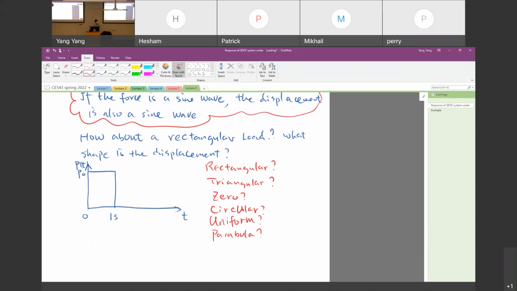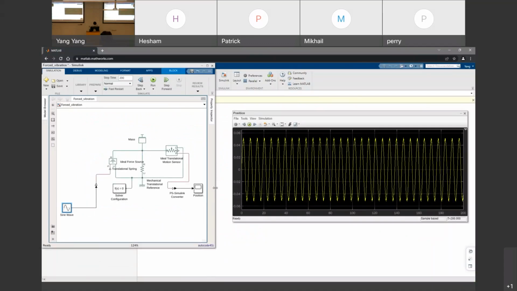The list is getting longer and longer. Any additional input? If not, we will do the test. Triangular, linear. Okay, let's see who will win the bonus point.